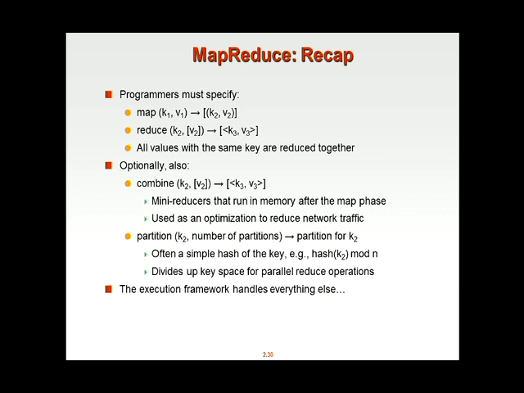And the partitioner is used to decide which key is processed by which reducer. So it decides the partition for this key, and it also controls the load balance. Assuming you have 3 reducers, you hope that each reducer can process a similar amount of data.